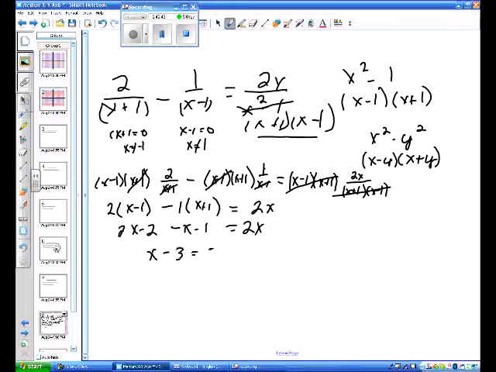And that gives us x minus 3 equals 2x. Subtracting x from both sides, we get negative 3 equals x. And that didn't violate our original problem. Okay, we're going to stop here on this one and then pick up with section 1 in the next lesson.